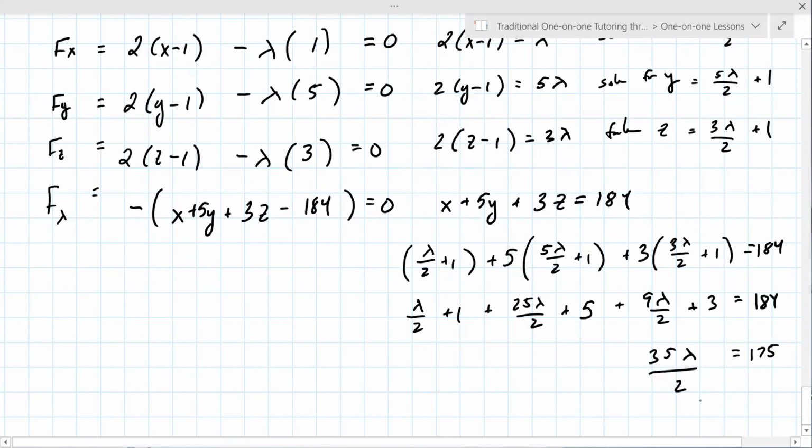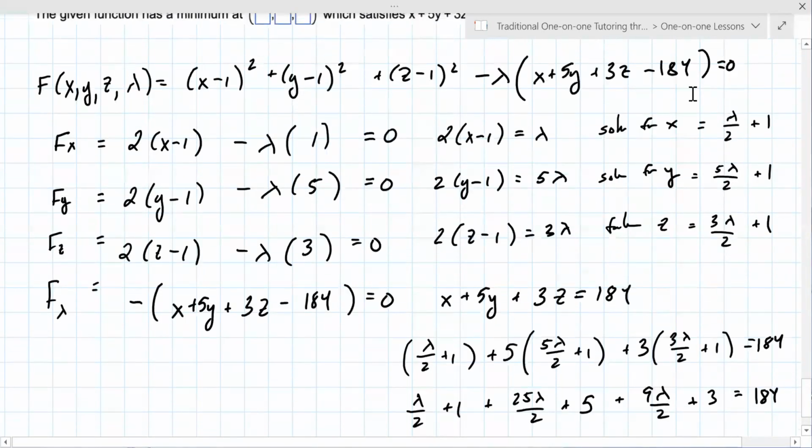It does look like 175 is divisible by 35. It's 5 times 2. So lambda ends up equaling 10. Which gives me some confidence that this is correct, because it's a nice, decent number. All right, so if lambda is 10, we go back to our substitutions up here.